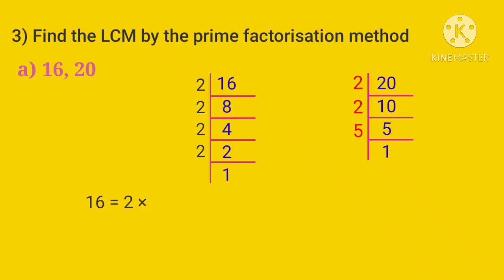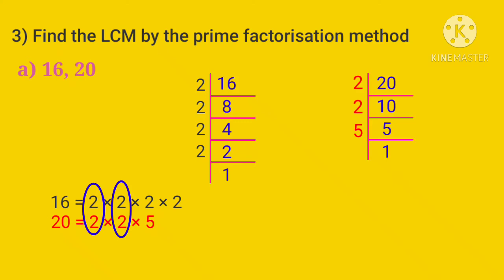So prime factors of 16. 16 equal to product of all prime factors, that is 2 into 2 into 2 into 2. So 20 equal to 2 into 2 into 5.